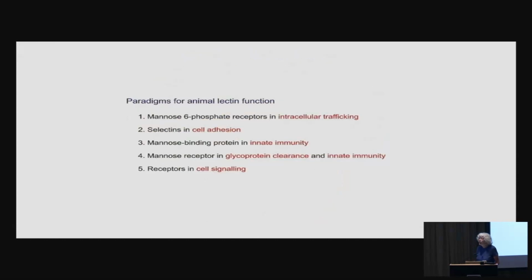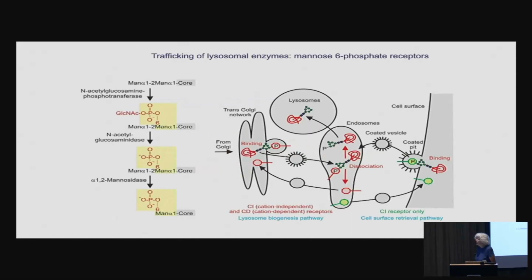Okay, so let's look at a few examples of paradigms for animal lectin function. And apart from the mannose 6-phosphate receptors, I'm going to concentrate on the C-type lectins because those are the ones that you won't have heard much about otherwise. But let's just mention the trafficking of lysosomal enzymes because these were one of the first and best characterized types of lectin in terms of their function.